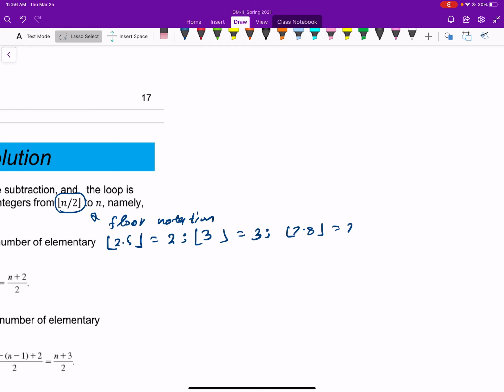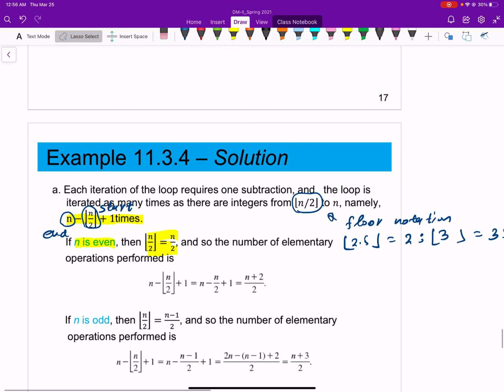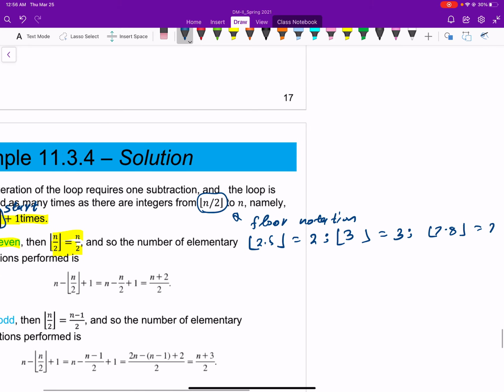All right, so this is clear to everybody. So that's the floor notation. If n is even, that means n is something like 2, 4, 6, 8, maybe 10, numbers like that.